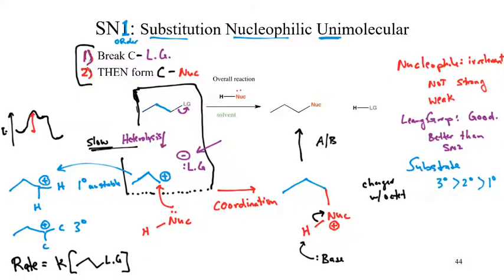Okay, and that's really driven by the stability of the carbocation. So while most students will go through and memorize tertiary, secondary, primary, I would argue the more important aspect is the stability of the carbocation. And why? Is there something else that contributes to the stability of a carbocation beyond substitution? Yes. And if we look at stabilities for any charged species, the substitution is the last thing to be looking at.